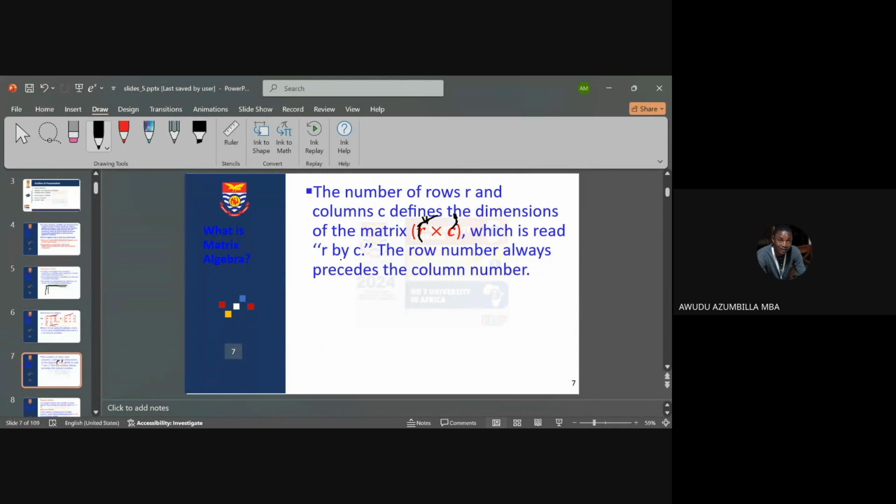And it is always read by saying R by C, rows by columns. So if the row is 4 and the column is also 4, I say 4 by 4 matrix. The row always precedes the column. So the row always comes first before the columns.